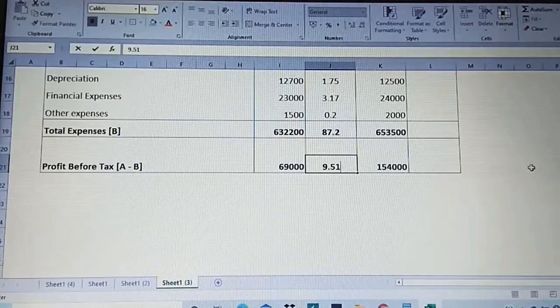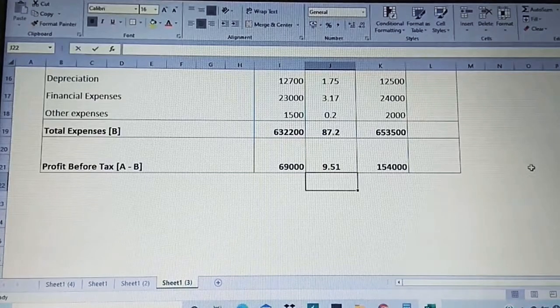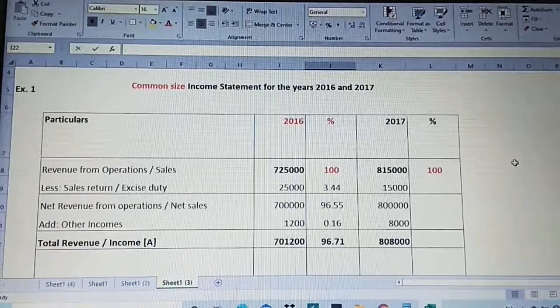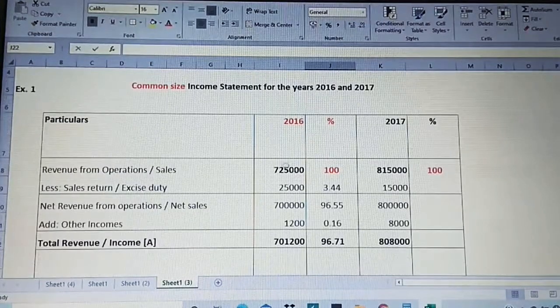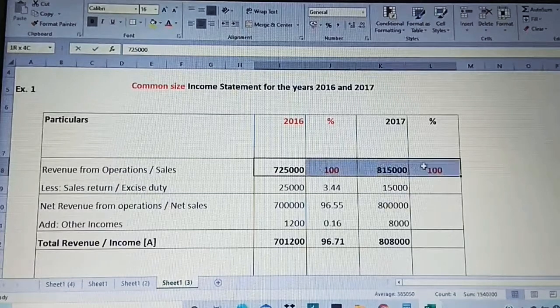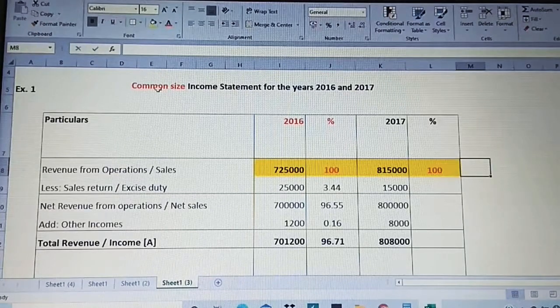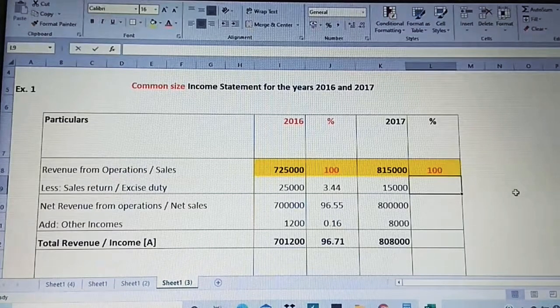You can either go for round figures of the decimals, but I have not taken that. Similarly, we have completed 2016. See, this will be the base in case of the common size income statement. Now moving on to the next, 2017.